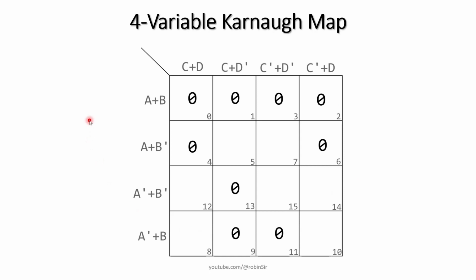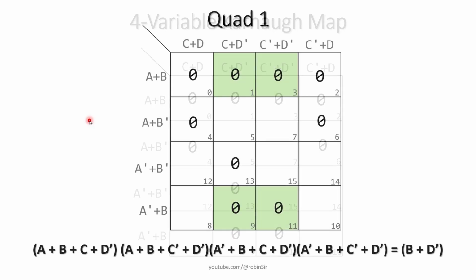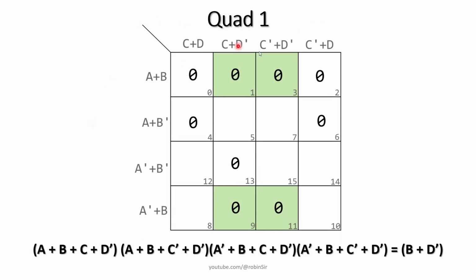Once our KMap is ready, we have to do the grouping. So if you look at these 4 boxes, which are highlighted, these 4 boxes form a quad.